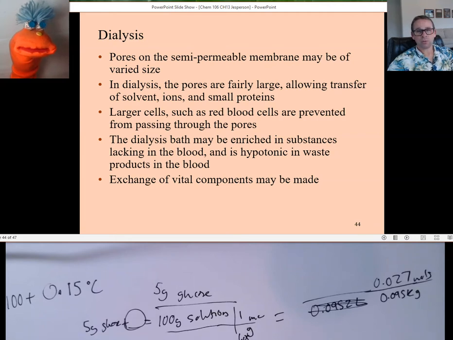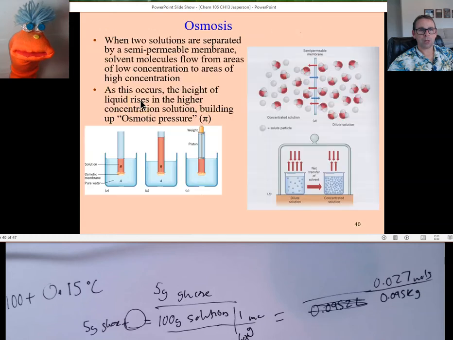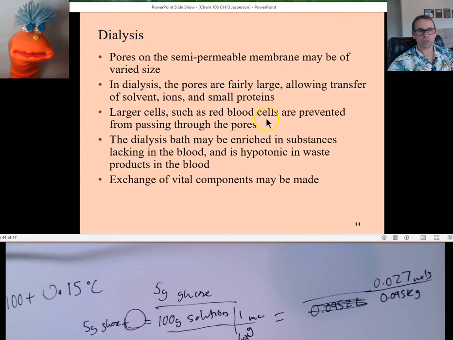We're trying to filter out larger molecules and leave behind the smaller ones. And specifically, what we're trying to filter out is sugar, right? But this is done over a semipermeable membrane again, and this occurs through osmotic pressure. We have to apply that pressure to get dialysis to work.